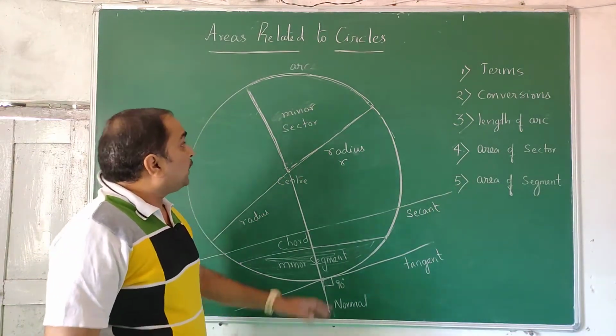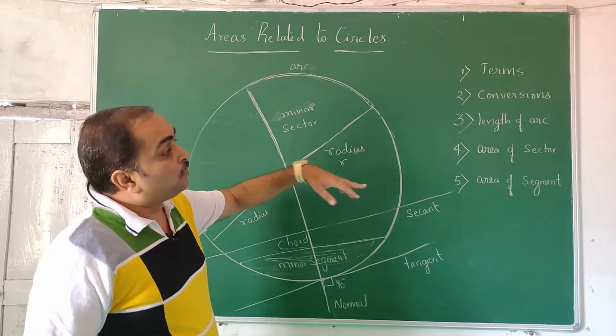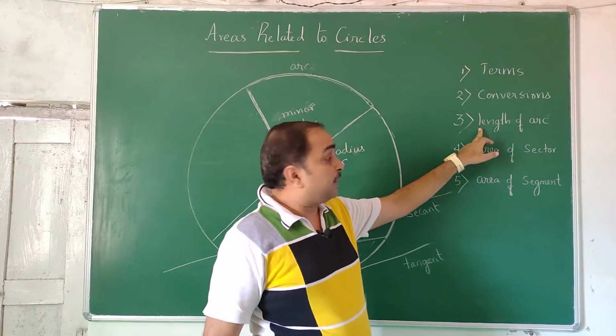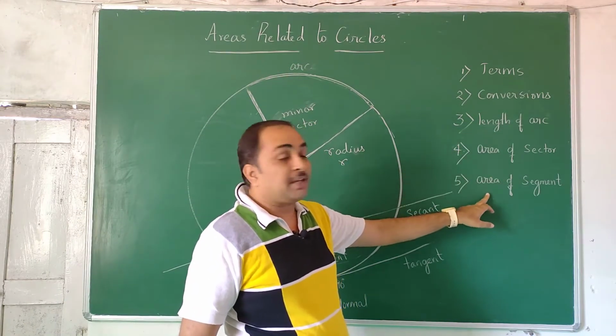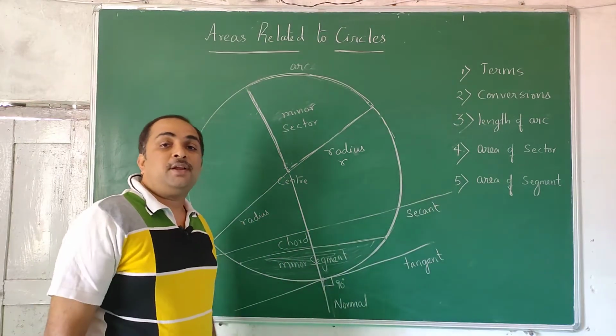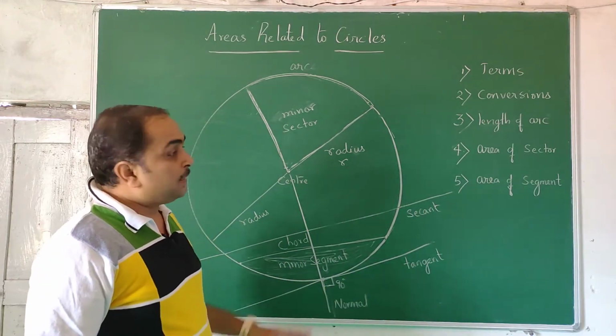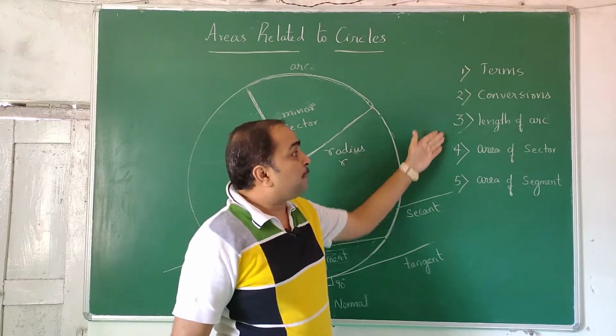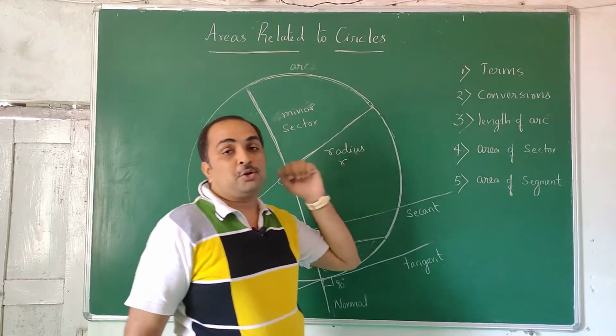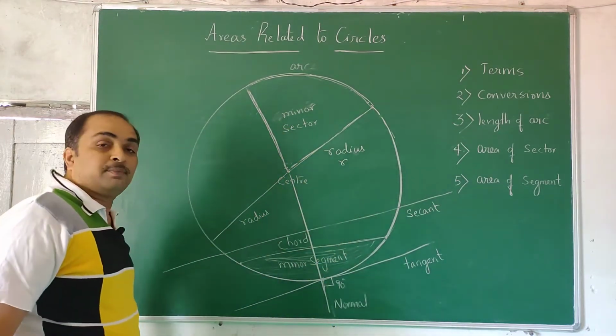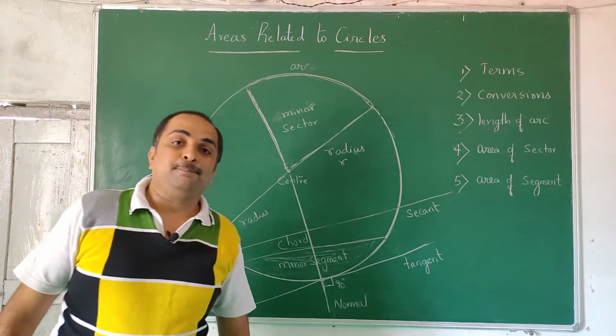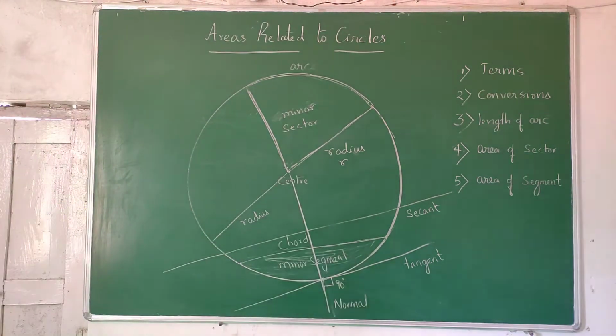So the important terms is how to calculate length of arc, area of sector, area of segment. These are three things which are to be known by a student. That will be coming as a second part of the lecture. We will do conversions, then we go to that. So first we are talking about terms. They are the important terms in a circle. Multiple times you see it and try to understand each term.